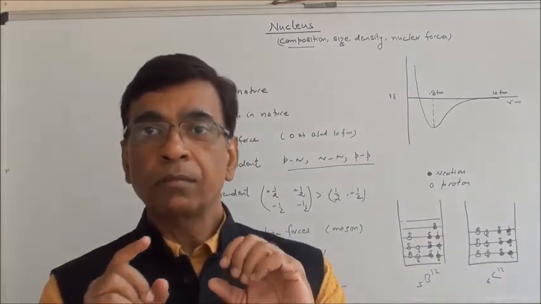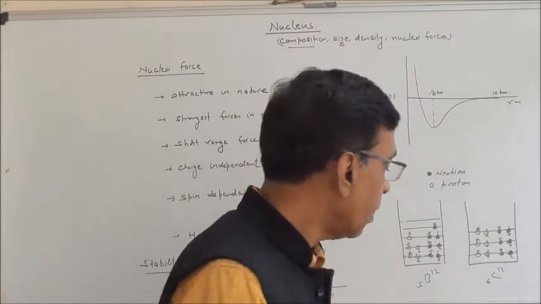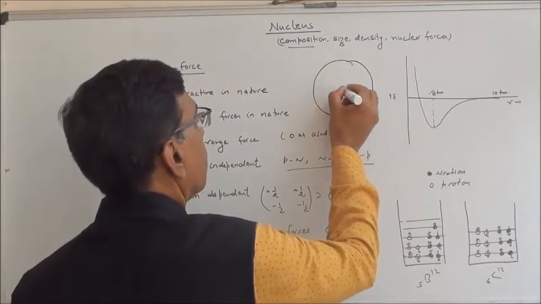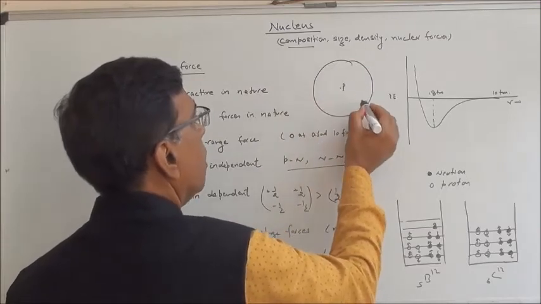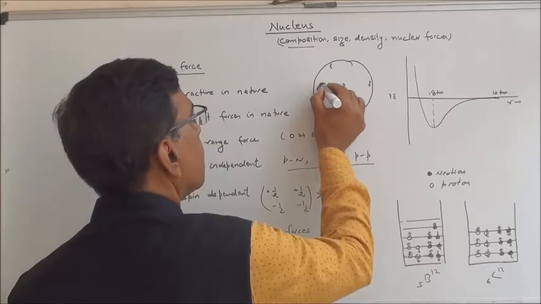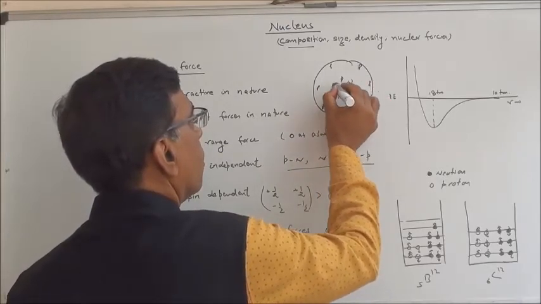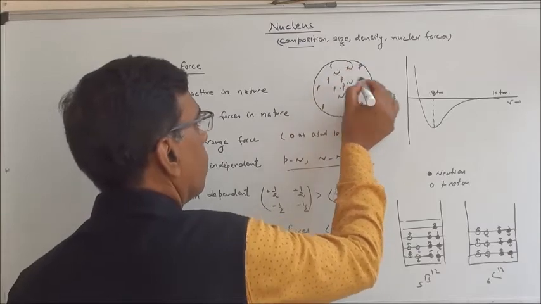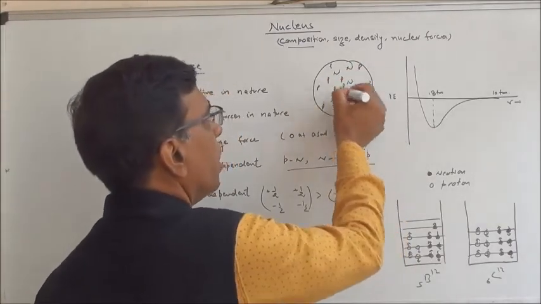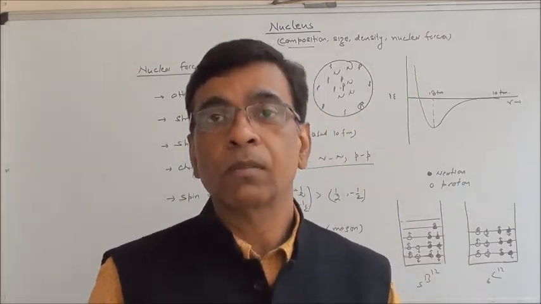So if the nucleus is very heavy, what will happen? If the size of the nucleus is very large and I take one proton at the center, this proton will be repelled by all other protons present inside, but will be attracted only by neighbors.